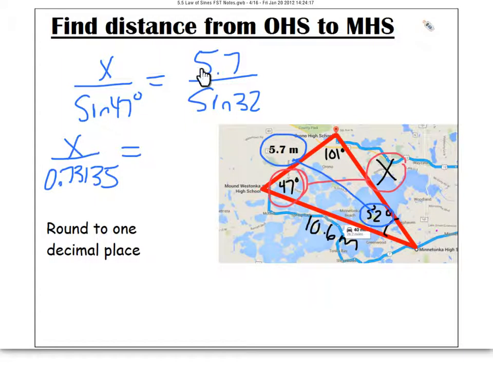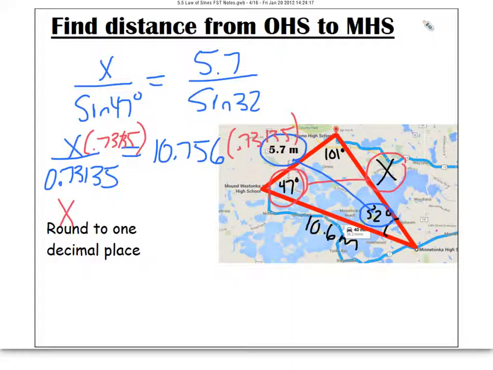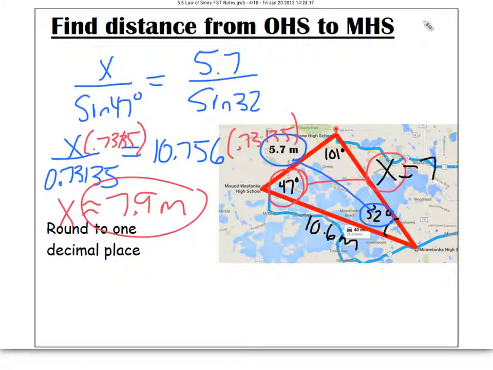And then I'm going to type 5.7 divided by the sine of 32. And that becomes the number 10.756. Now to solve for x, I'm just going to multiply both sides by this 0.73135. Do that over here too. And simplify. When you do that, x will be 7.9 miles. So we can fill in that information here on the map.